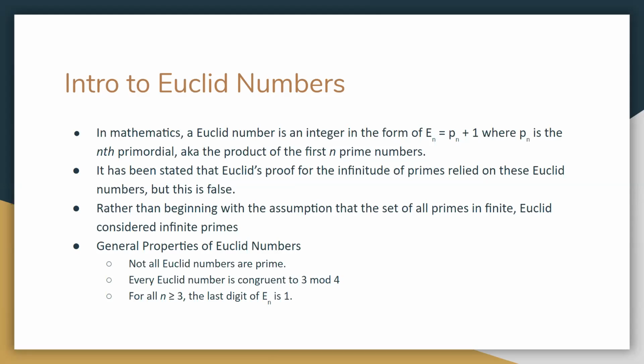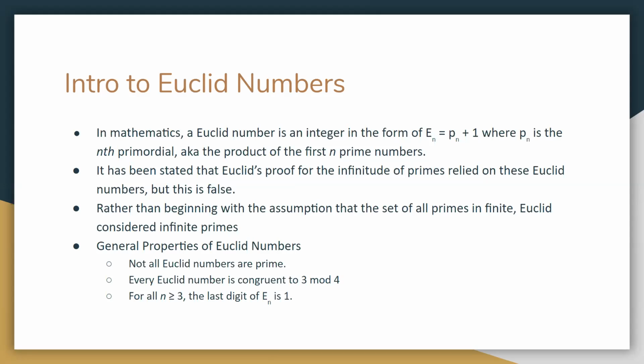It has been stated that Euclid's proof for the infinitude of primes relied on these Euclid numbers, but that is false. Rather than beginning with the assumption that the set of all primes is finite, Euclid considered infinite primes.